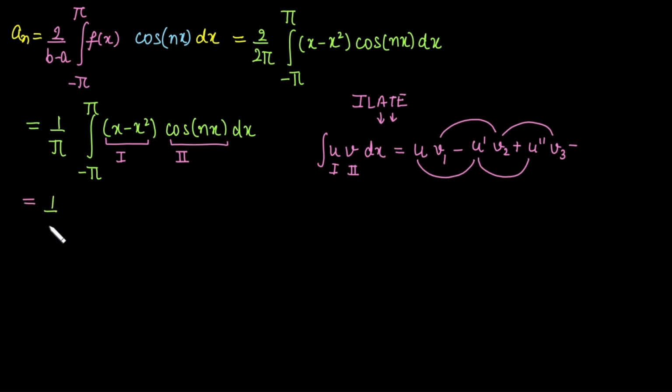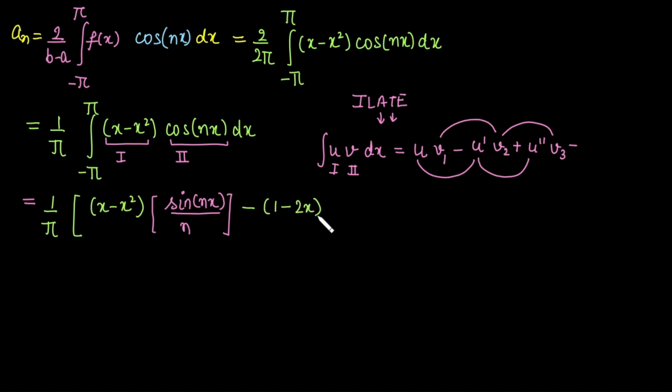In this case, how to apply this formula? We can write this as 1 upon pi. The first function is as it is, meaning x minus x squared. Integration of cos nx is sin n into x divided by the coefficient of x, that is n, minus the derivative of this term, 1 minus 2x, times the integration of sin nx divided by n.